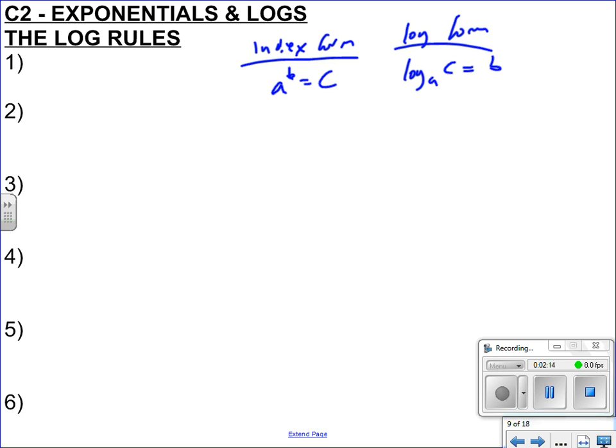First two, easy to remember. So if I have log base a of 1, what does that mean? What is log base a of 1 always going to be the same as? So if I had log base 10 of 1 or log base 7 of 1, what's that always going to be the same as? Well, log base a of 1, let's call that z.